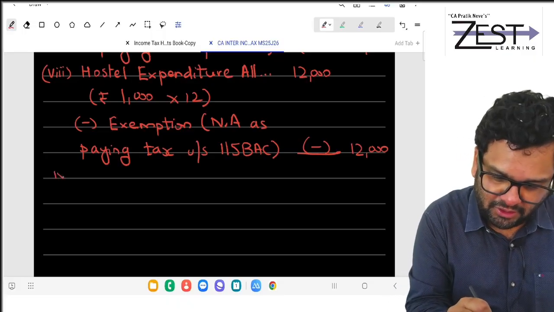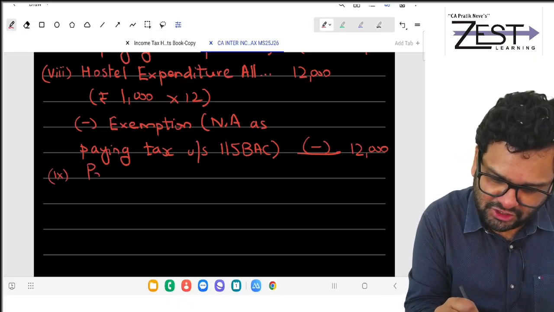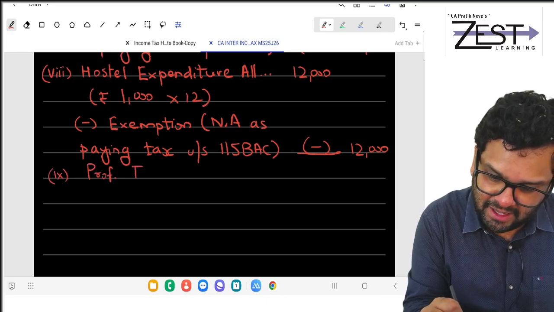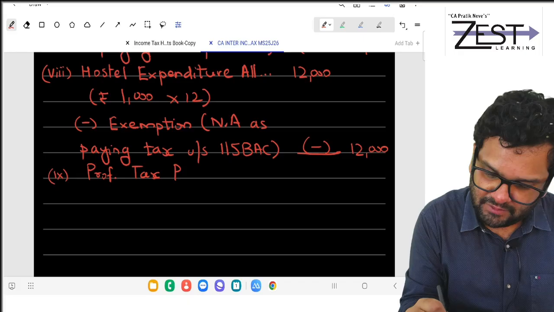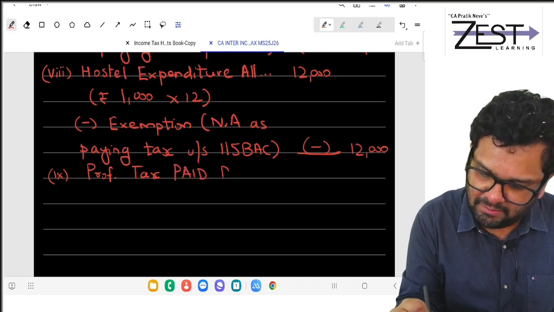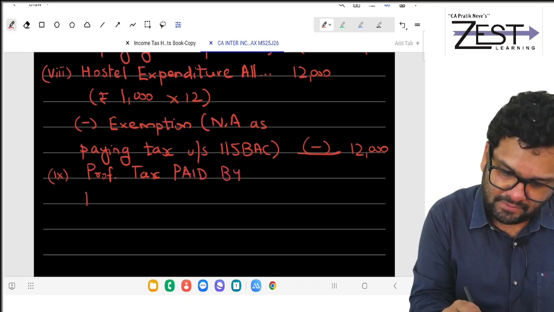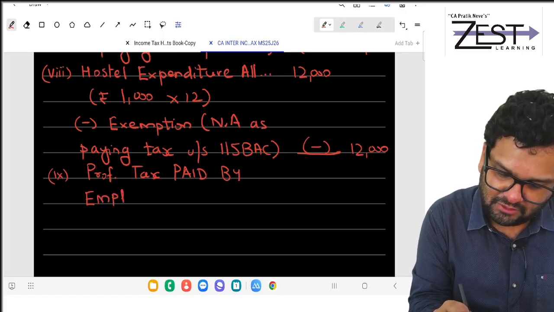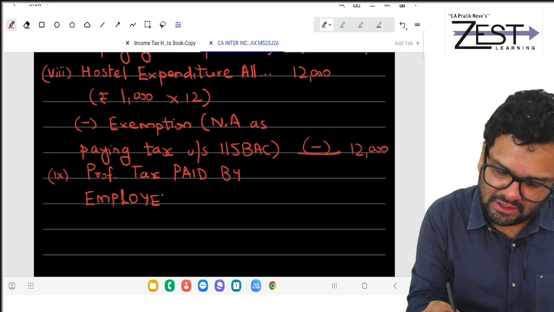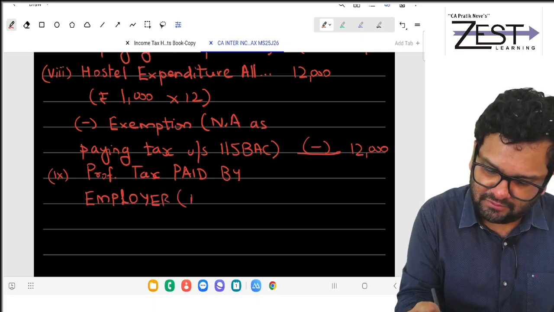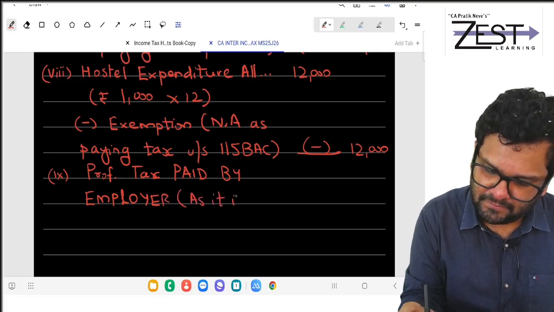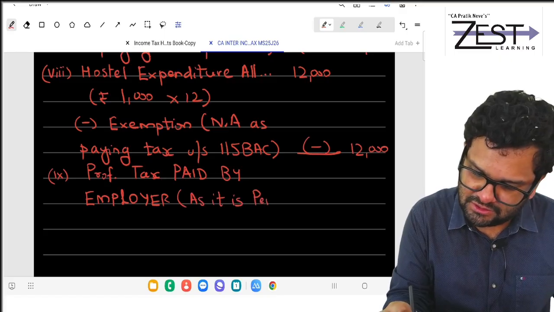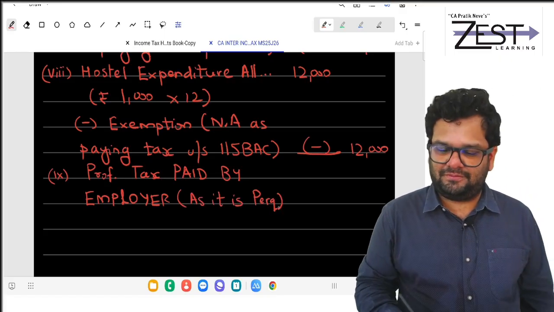So it is the ninth point, I think. Profession tax paid by employer. See what I want here, that part I want. Paid by employer. As it is a benefit, as it is a perquisite. Can you tell me how much?